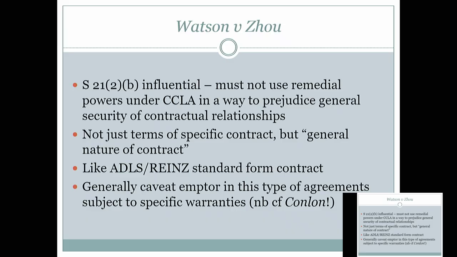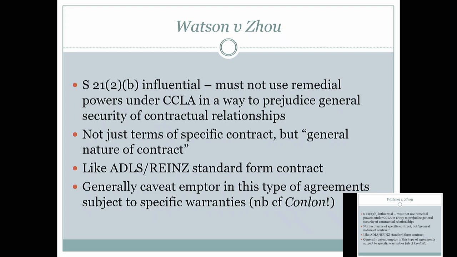For example, they could write in specific warranties whereby the vendor warrants that there is not this defect in question. So, for example, it's common for a vendor to warrant, that is to promise in the agreement, that this house is free from asbestos, for example.